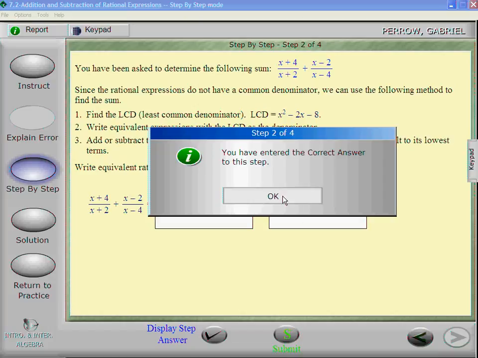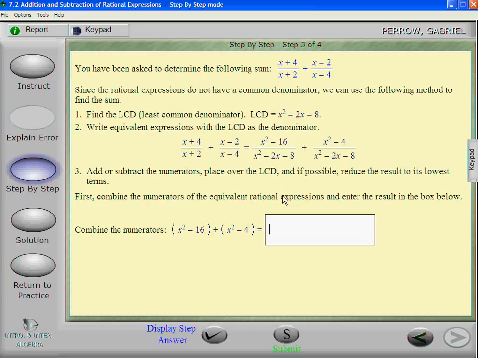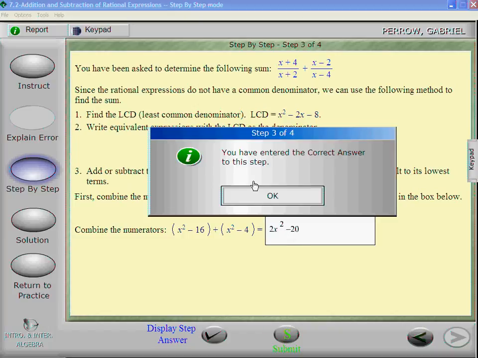Say those are the two fractions, and when I combine the numerators together, x squared and x squared can go together, so we want to be careful with that. Remember that you add the ones out front. You're going to get 2x squared, and then minus 16 minus 4 is a minus 20, so that's what the top is going to look like.